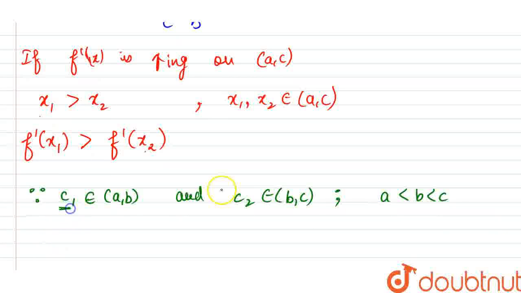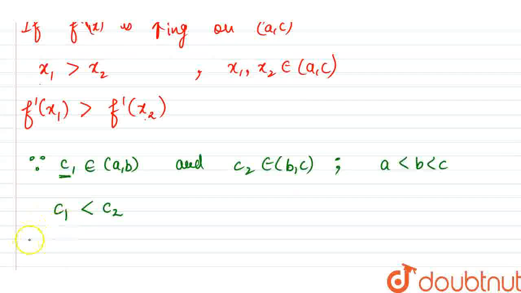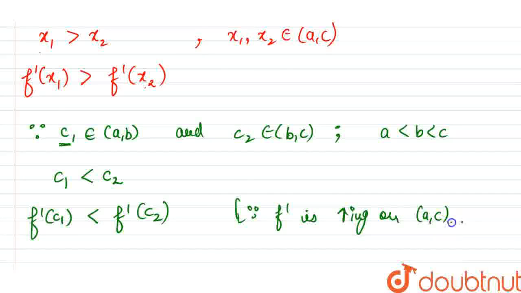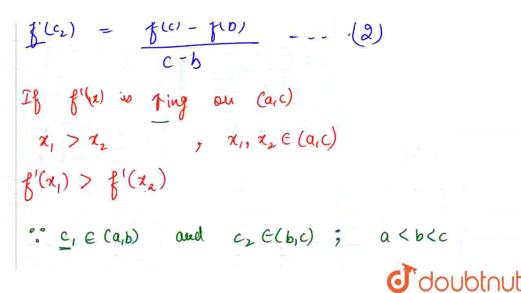So that means c1 is a point which is less than c2. So we can say that since f dash is increasing, f dash c1 should be less than f dash c2. This is by the condition that f dash is a strictly increasing function on the open interval a to c, which is given.